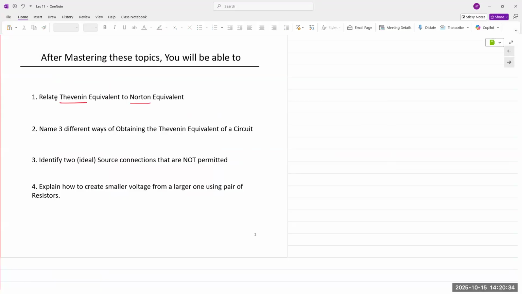All right. So Leon Charles Thevenin was a French telegraph engineer in the late 1800s. He was working with electric circuits, and he postulated a theory.